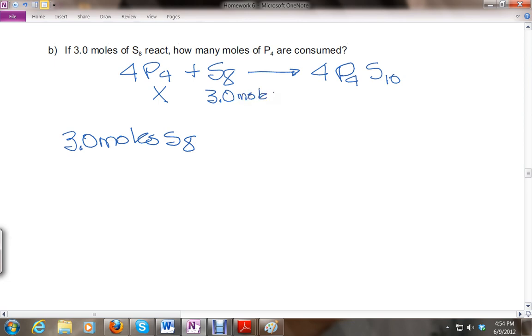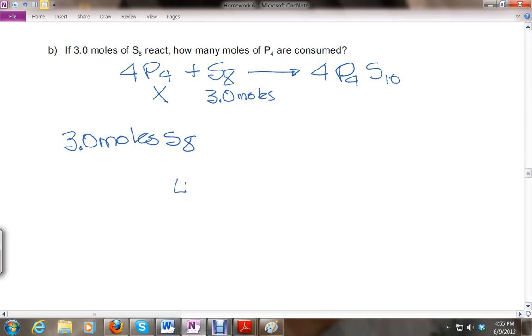Remember that each letter on this type of problem is different. They give you a different amount because they want you to practice. If you have this, how much are you going to get? If you have this, how much product are you going to get? And so on. So you have here 3 moles of S8.